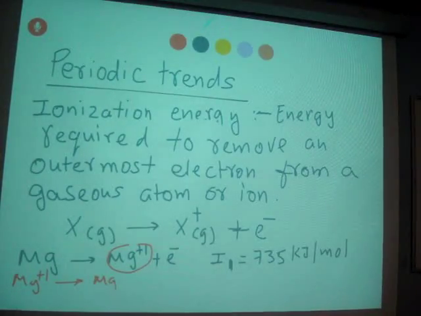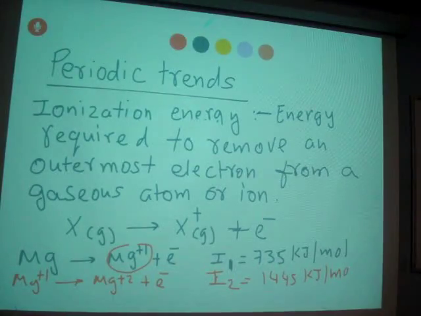It becomes Mg plus 2, and that's I2, the second ionization energy, which is 1445 kilojoules per mole.